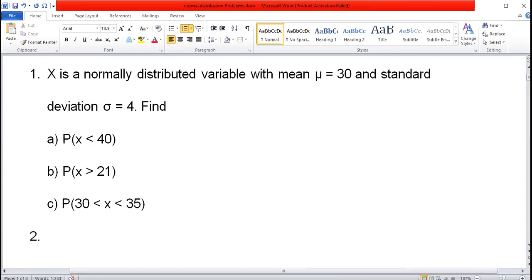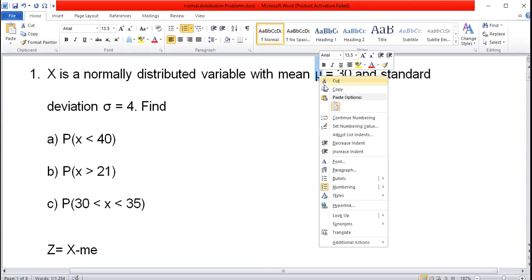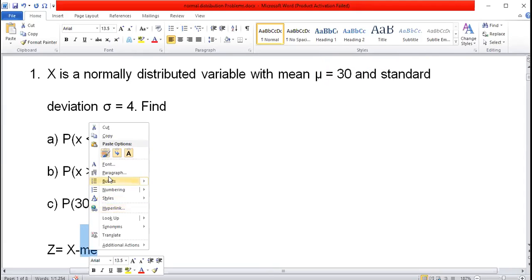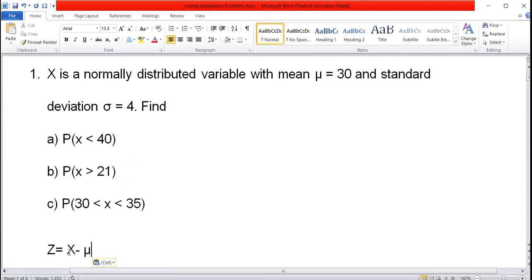The standardized variable z would be, remember, x minus mu, the mean, divided by sigma, the standard deviation.